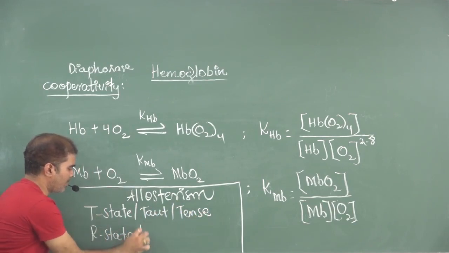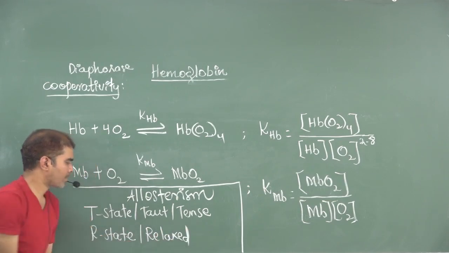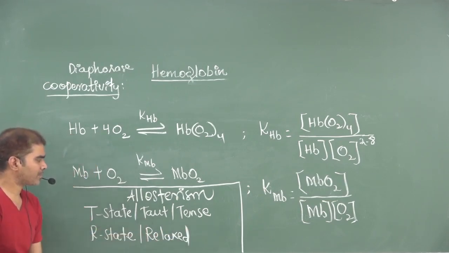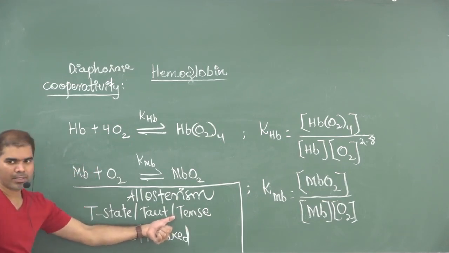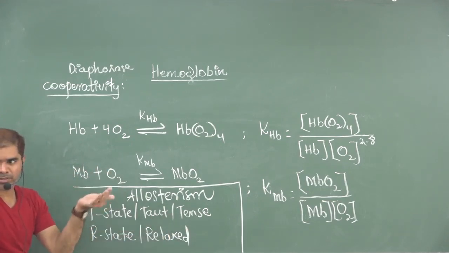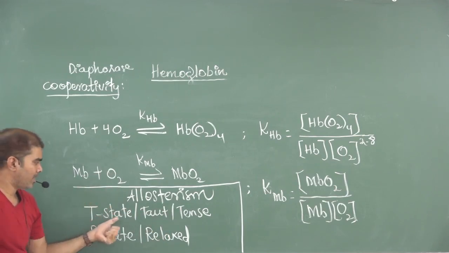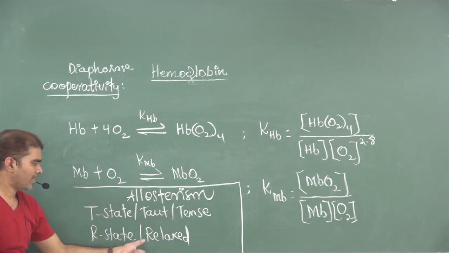One, T state, capital T state, or taut, TAUT, taut or tense state. This is nothing but your deoxyhemoglobin. It is in a tense state. T state or taut state or tense state. Second one is R state or relaxed state.